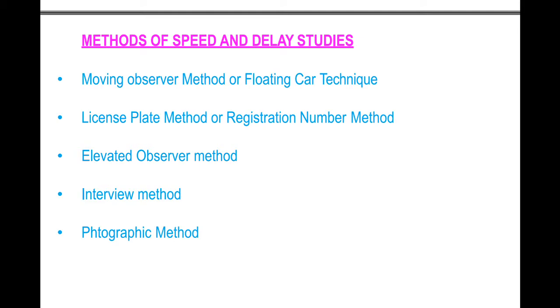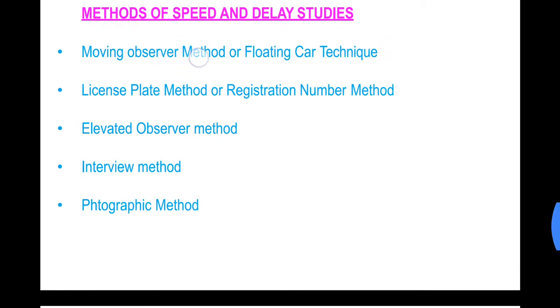Assuming that we are doing this survey from point A to point B, there is a road connecting point A and point B, and the surveyor is placed in a car and he himself travels from point A to point B. Now he will be recording the time that was taken for him to travel from point A to point B, what was the delay time, what was the running time, how many vehicles did he overtake and how many vehicles overtook his survey car. All these data he will be recording.